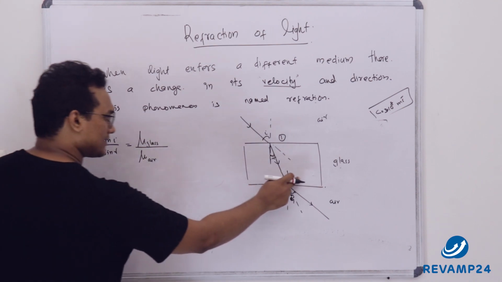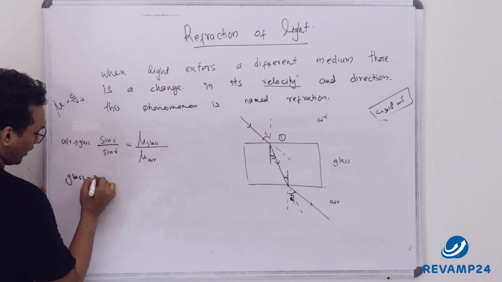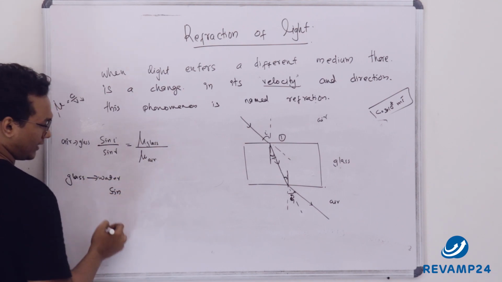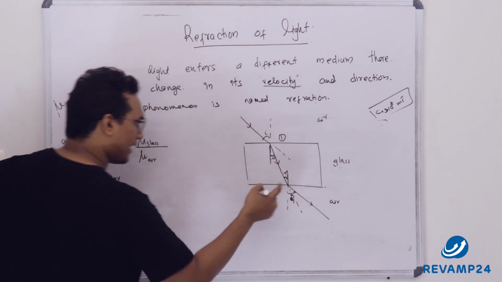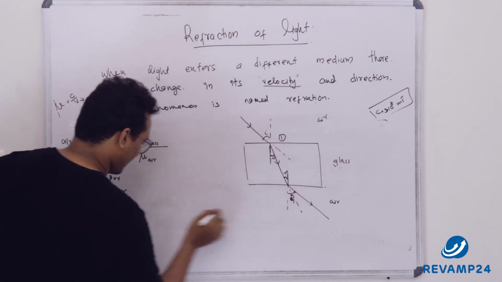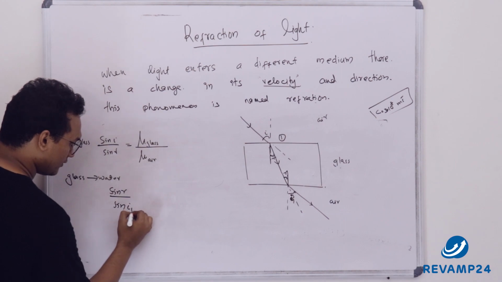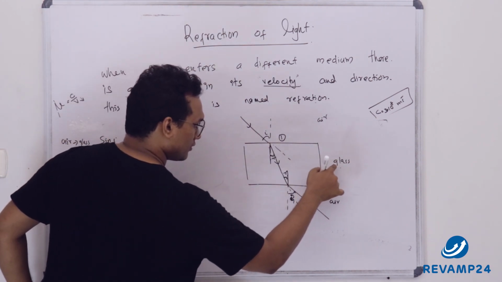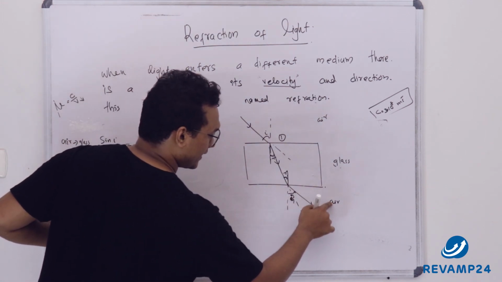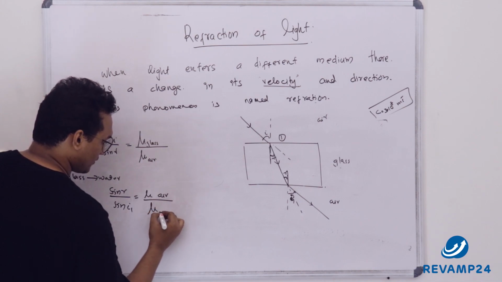At this interface from glass to water, on applying Snell's law, sin of the angle of incidence, which here should be R itself as a parallel alternate angle, divided by sin I1, is equal to the refractive index of the second medium, air, divided by the refractive index of glass.